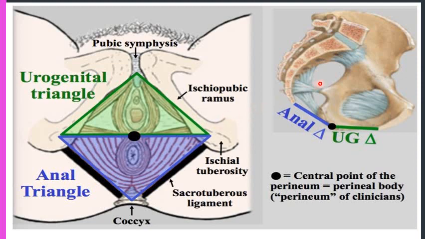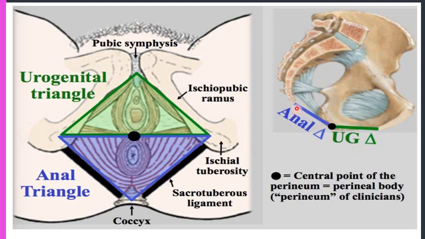So if you have a sagittal section, what is a sagittal section? Which is dividing the body into right and left half. So you can see this is the dividing line for the section which is giving you a sagittal section of the pelvic wall. So here you can also identify that from the posterior most aspect, this is the coccyx, and then you can move along that sacrotuberous ligament towards the ischial tuberosity.